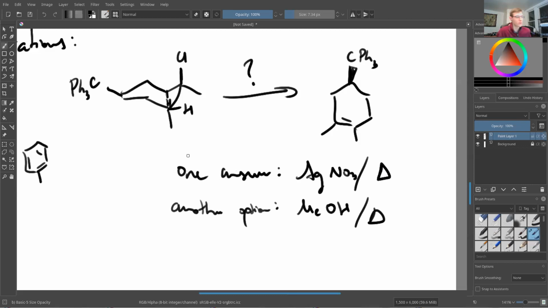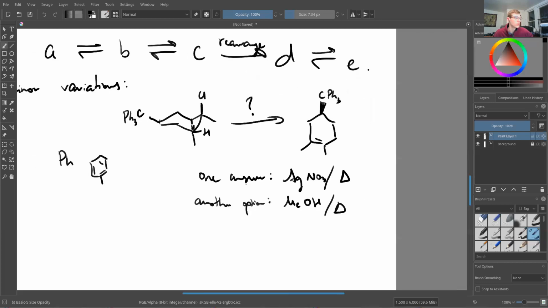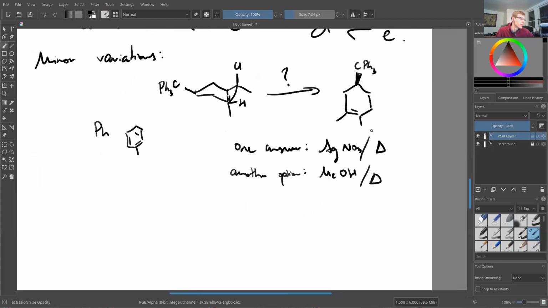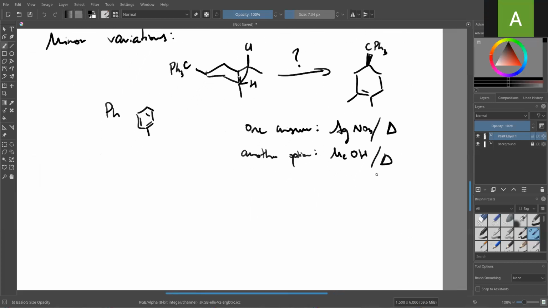Or if they're saying silver nitrate and heat, that's another good option for E1. One question: if you weren't given the product, would you still assume it went there, or would you assume it went with the axial hydrogen? Then we'd have no idea, because I didn't give you the reaction conditions. It would depend on what they were.